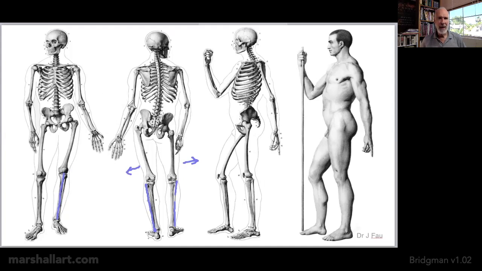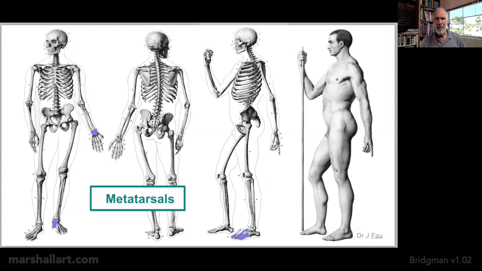See, we had an ulna and a radius. Here we've got a tibia and a fibula. Got two more little sets of bones. We've got a tarsal mass. We had a carpal mass in the wrist. Here we've got a tarsal mass, some metatarsals that go beyond, and some little toes called phalanges.